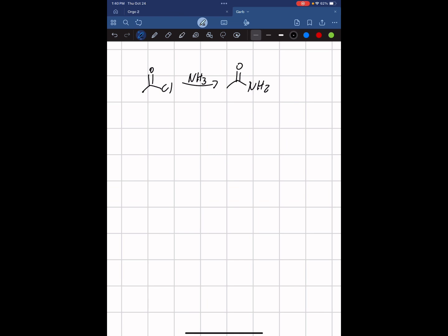For the next reaction, we're going to create an amide. Amines are very basic, so you can just start with a nucleophilic attack. It's going to be positively charged. Okay, and from here you can have another ammonia group come in and deprotonate one of the hydrogens.